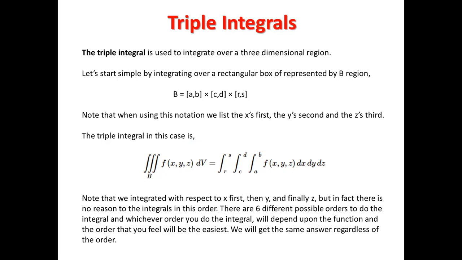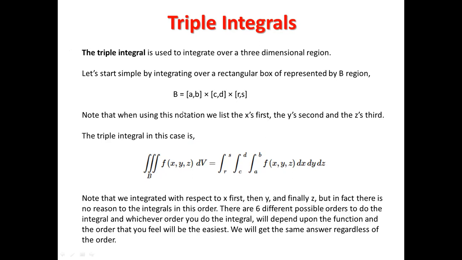Now, let's start by simply finding the region, the B region, for a particular rectangular box. So the B region for that particular rectangular box is bounded on X by AB. So we have X first, bounded on Y by CD, and bounded on Z by RS.